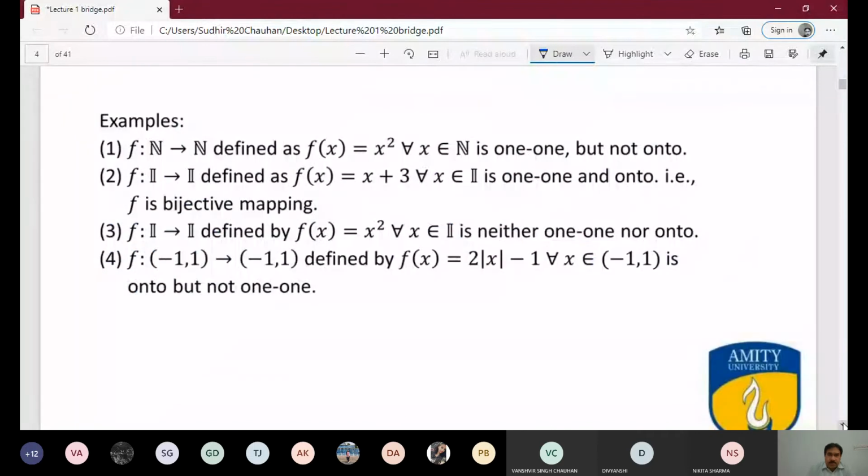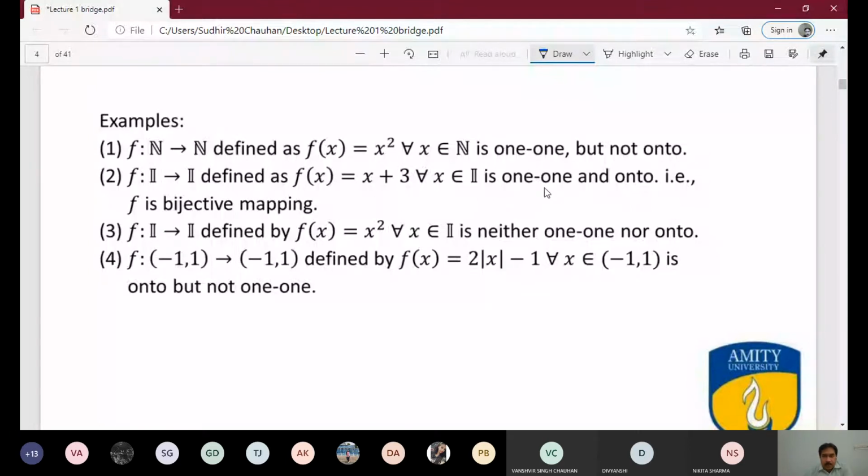So here we have some examples. The mapping from N to N defined as f(x) = x squared for all x belonging to N is 1-1 but not onto. For example, if we take x as -1 or +1, we get the same value, so it is not 1-1 on the integers. Another example is the mapping from I to I defined as f(x) = x + 3 for all x belonging to I, which is 1-1 and onto.